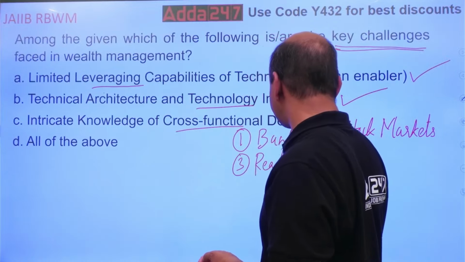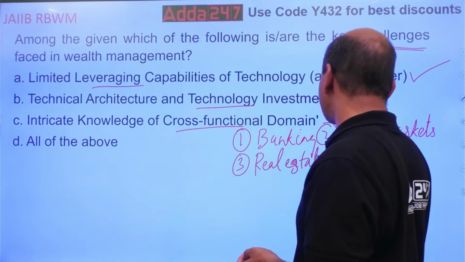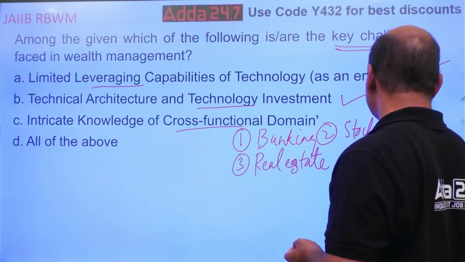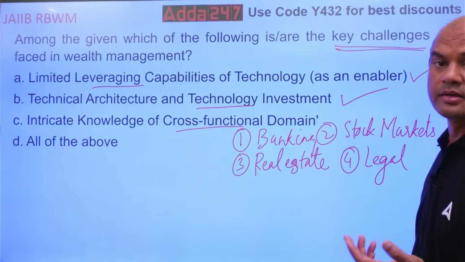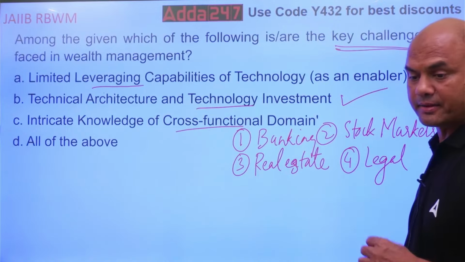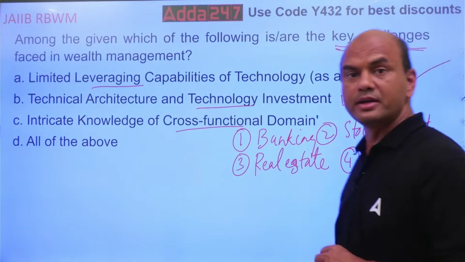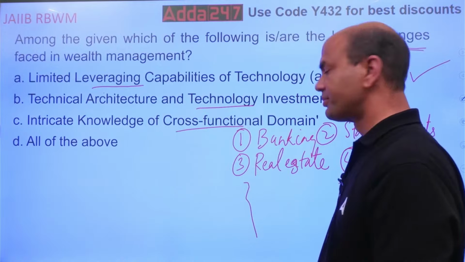Real estate means your property. I must have a knowledge of legal. What are the legal implications? Because in wealth management, you have a topic called will writing. Okay? Various legal documentations are used in wealth management. Plus, there are many. It goes on increasing.